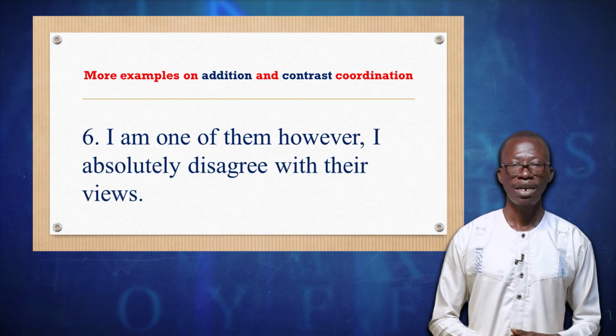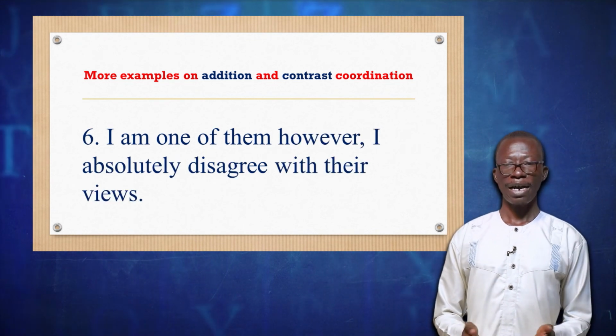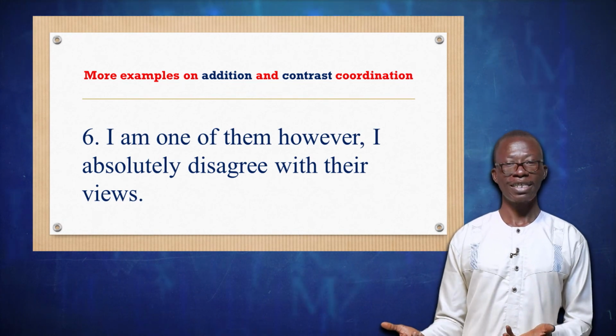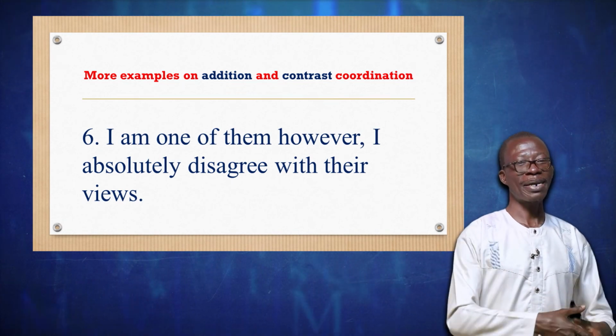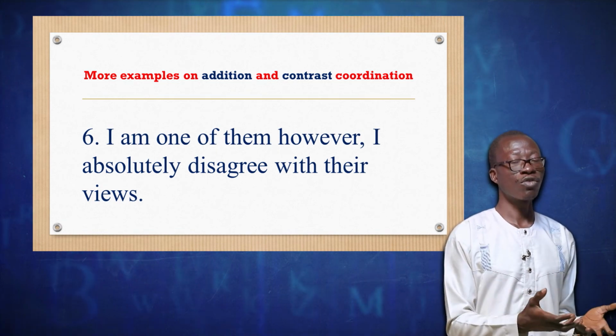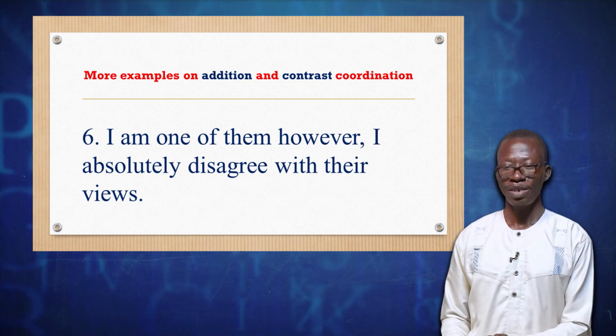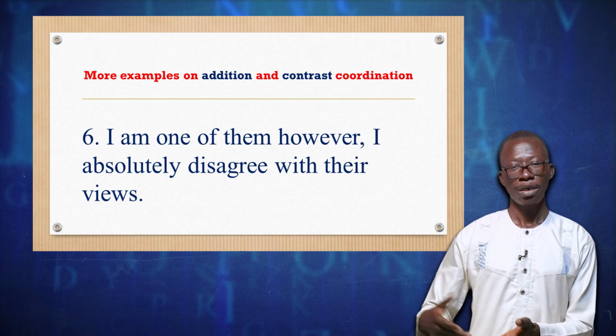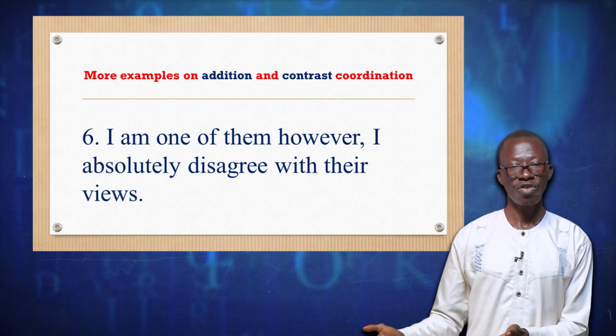Then we have the sixth one. I'm one of them. However, I absolutely disagree with their views. In this case, even though the person is one of them, it's expected that the person should agree with them, because you can't be part of a group and yet go against the group. But this is a case where the person is with them but doesn't agree with the views of the group.